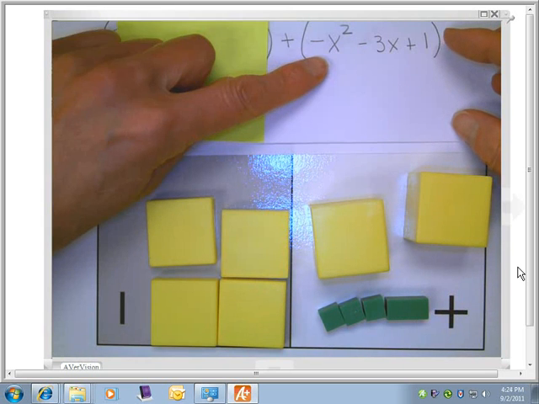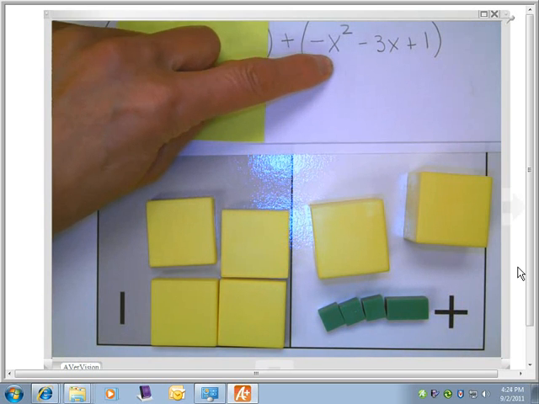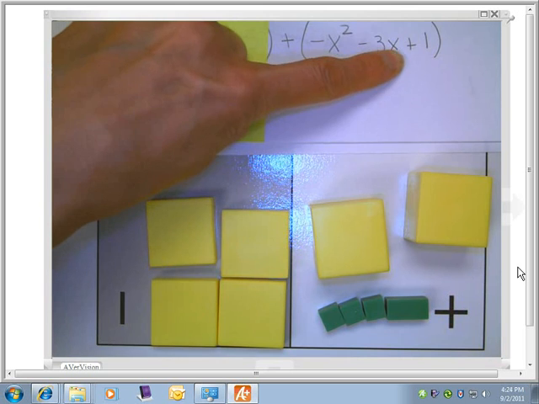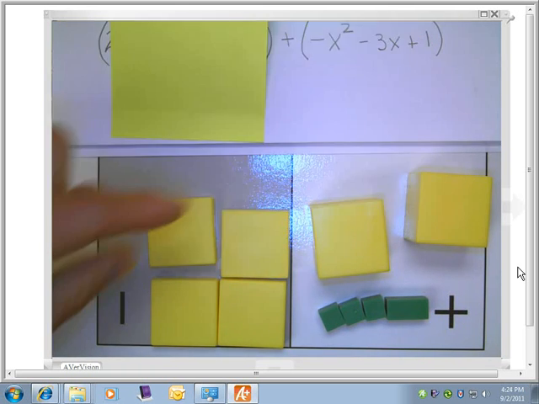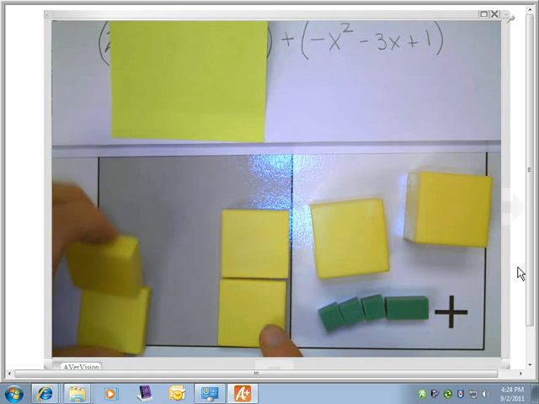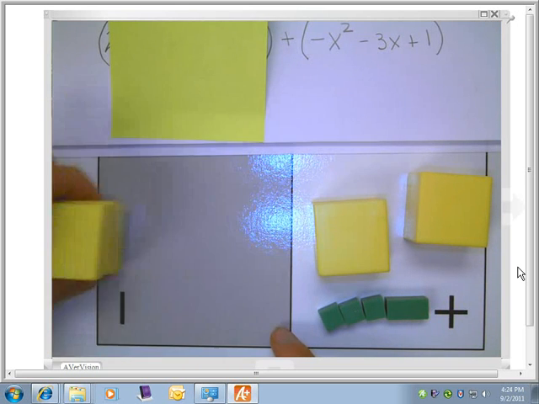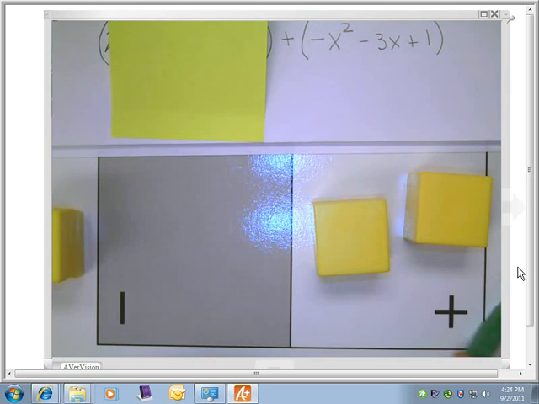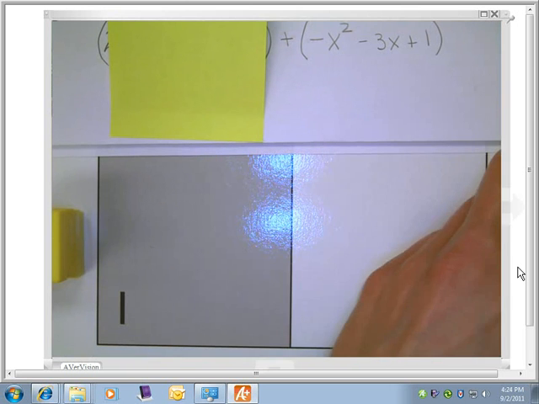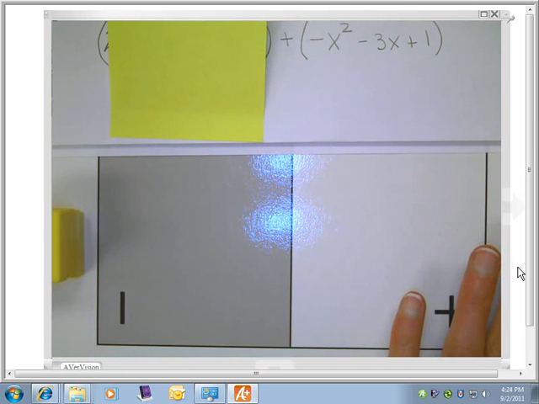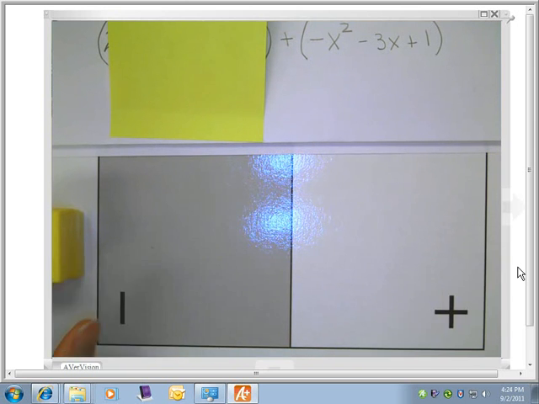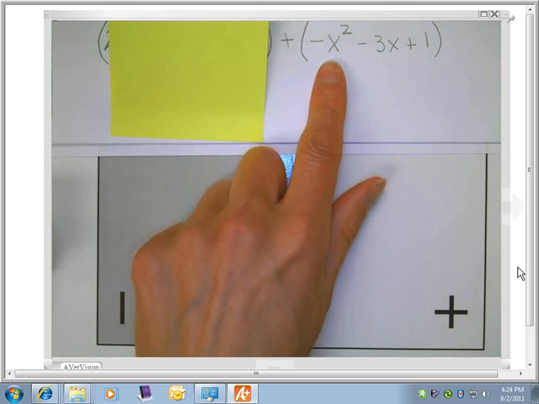So that's a negative x squared minus a 3x plus a 1. So for right now, what I'm going to do is I'm just going to move this first polynomial off to the side. That's negative, so I'm keeping it over here. These are all positive, so I'm going to keep those over there so I don't get lost. And we'll come back in a minute, and we'll look at combining them together.